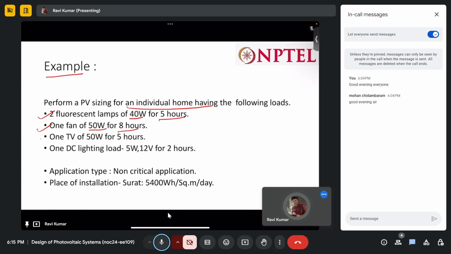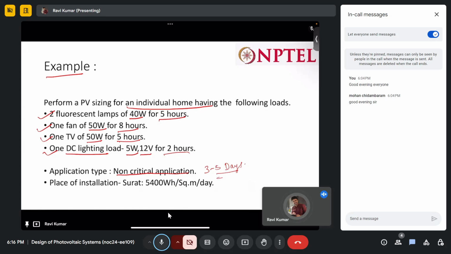Then we have one TV of 50 watt that runs for 5 hours. Then we have one DC lighting, that is a DC load. It is a 5 watt, 12 volt system which works for 2 hours. And here we are considering it a non-critical application, so our autonomy will be 3 to 5 days only.